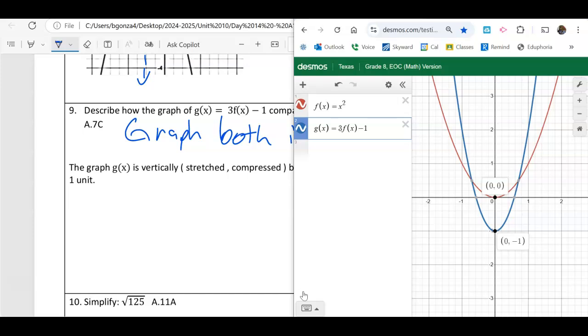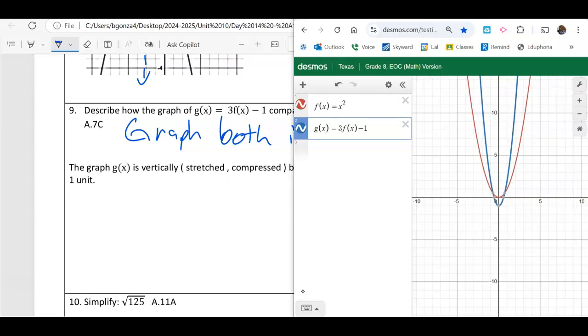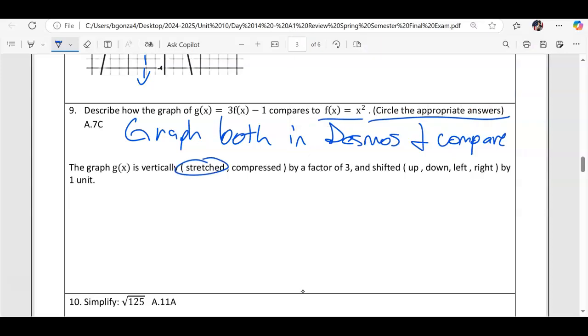And then that 3, instead of going over 1, up 1, it's over 1, up 1, 2, 3. So, yeah, it's vertically stretched by a factor of 3, and it's shifted down 1 unit.